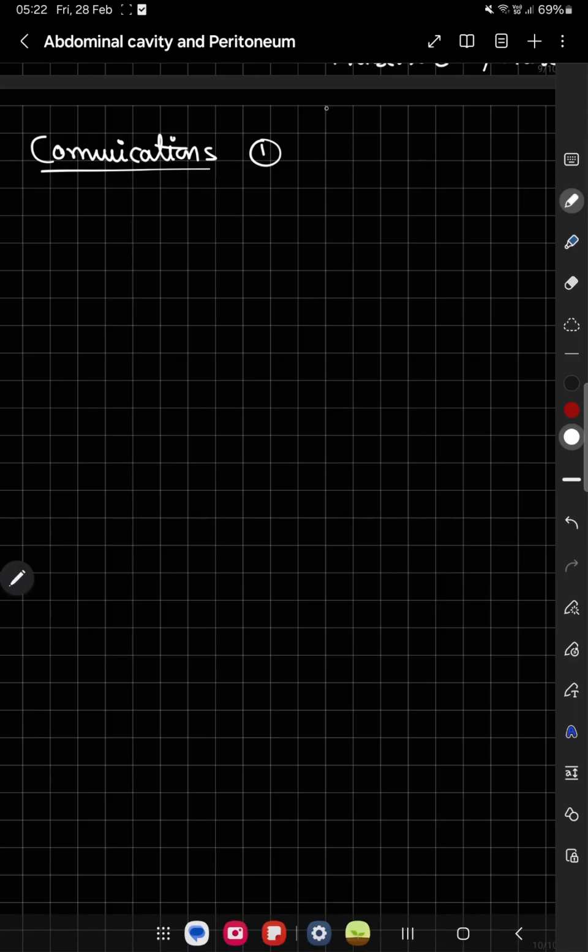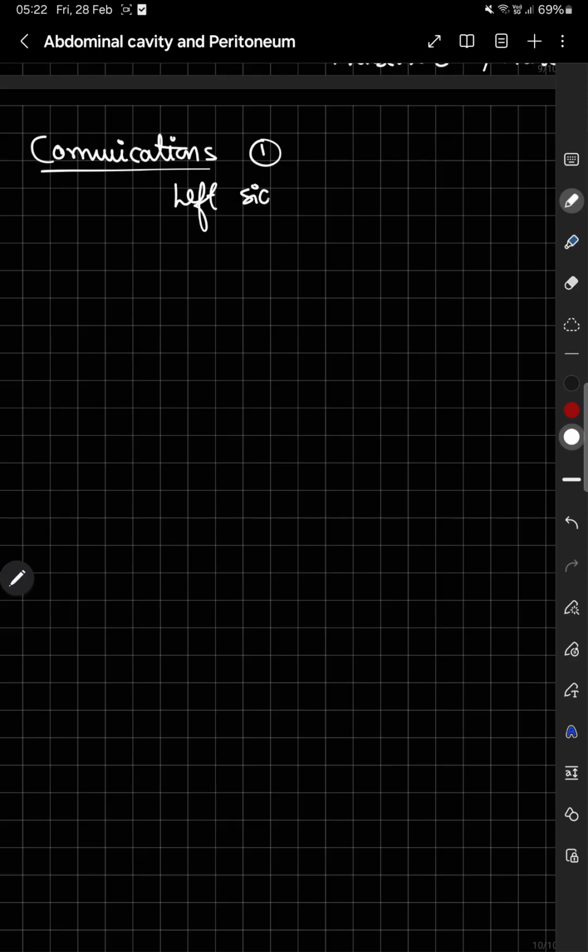So first thing, towards the left side, it communicates with the lesser sac via the epiploic foramen. Lesser sac, which is also known as omental bursa. I don't know how this communication takes place between the hepatorenal pouch and lesser sac.